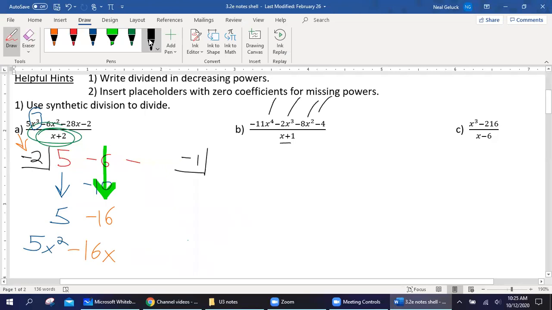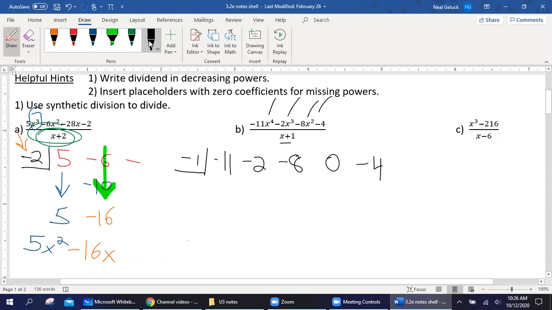To be able to properly do this and keep everything spaced correctly, I have to put in a 0 there as kind of a placeholder. So this is going to be -11, -2, -8, 0, because that covers the x to the 1st power, -4.